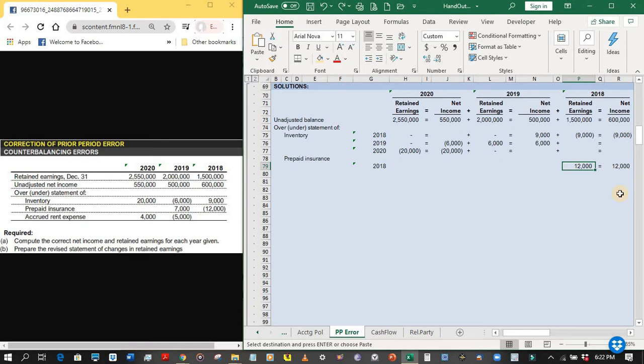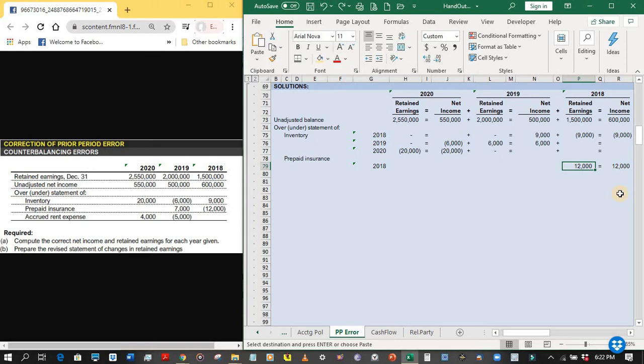And since prepaid insurance is a counterbalancing error, it means that in order to self-correct, the succeeding net income should also be misstated. So the question is, is the net income in 2019 also affected by the 12,000 error made in 2018? The answer is yes. So the net income in 2019 is also misstated.